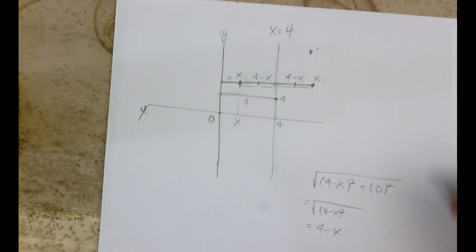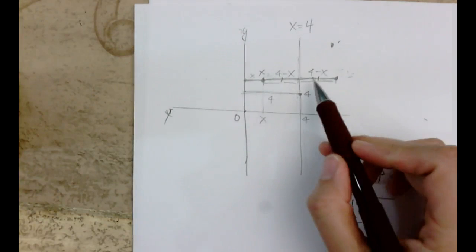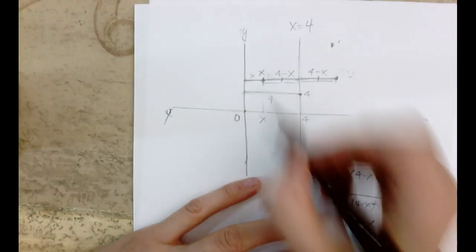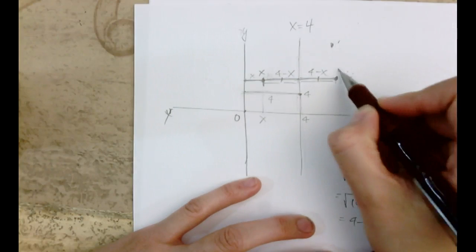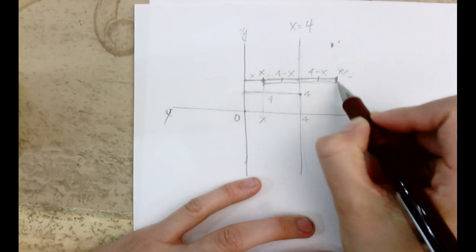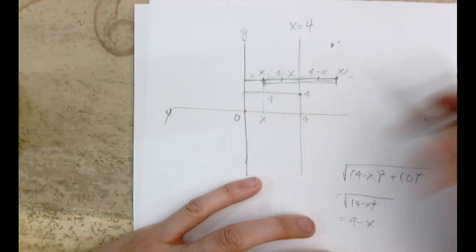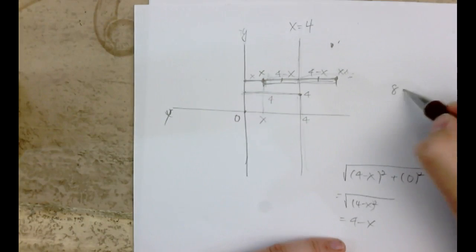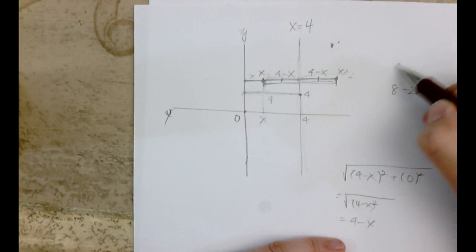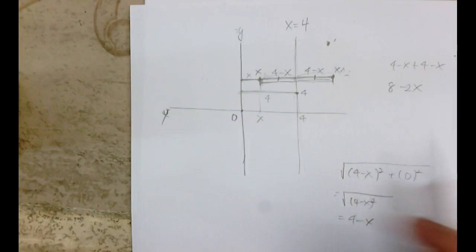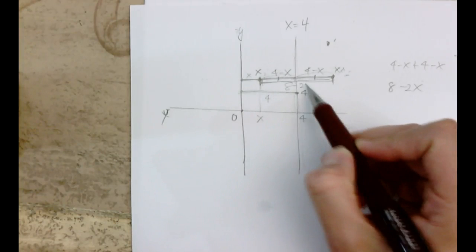So the whole distance from x to x2 is 4 minus x plus 4 minus x, or 8 minus 2x.